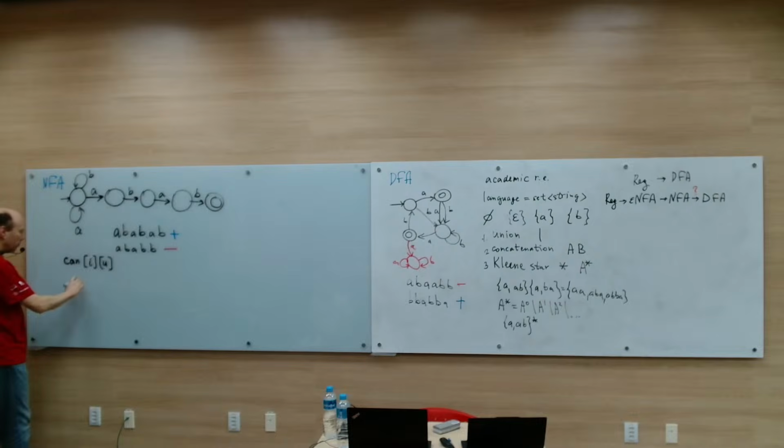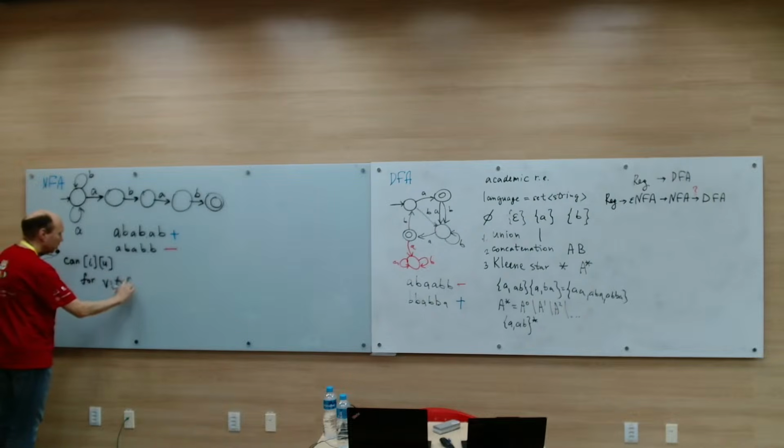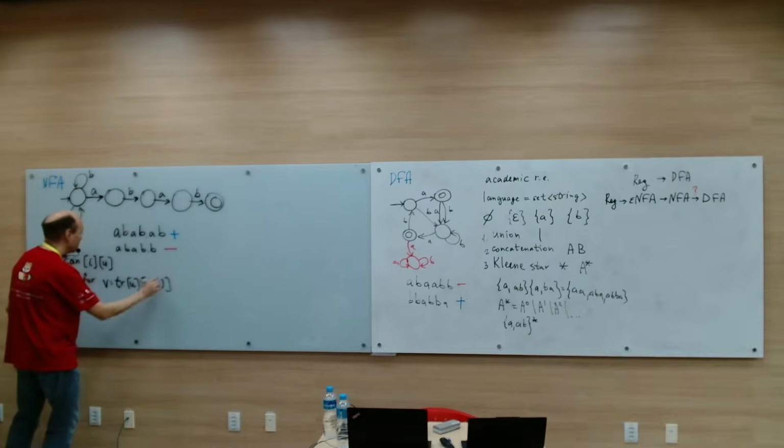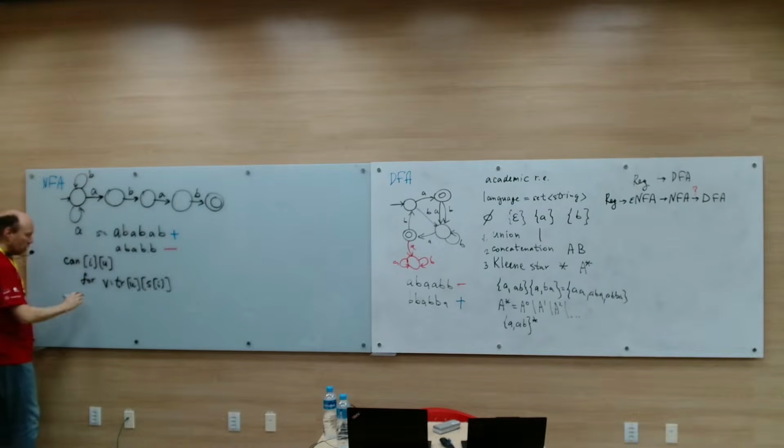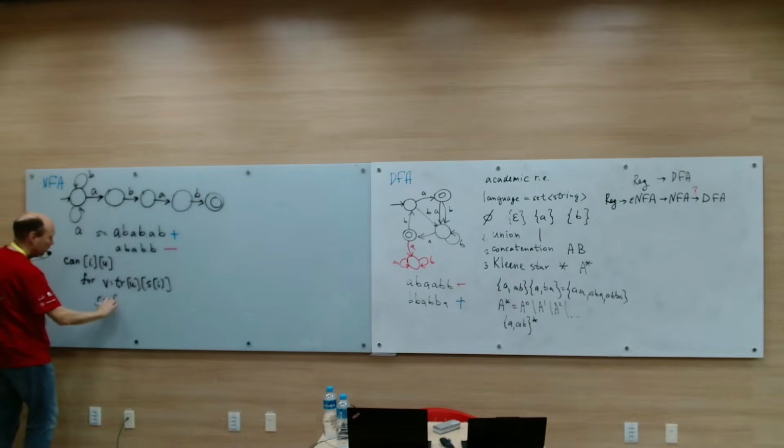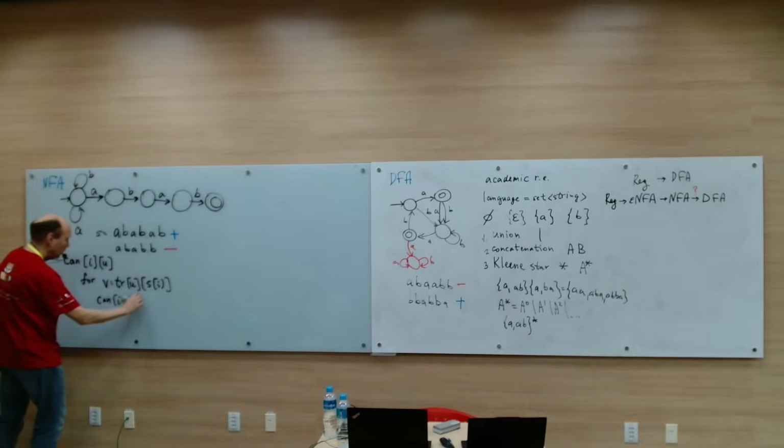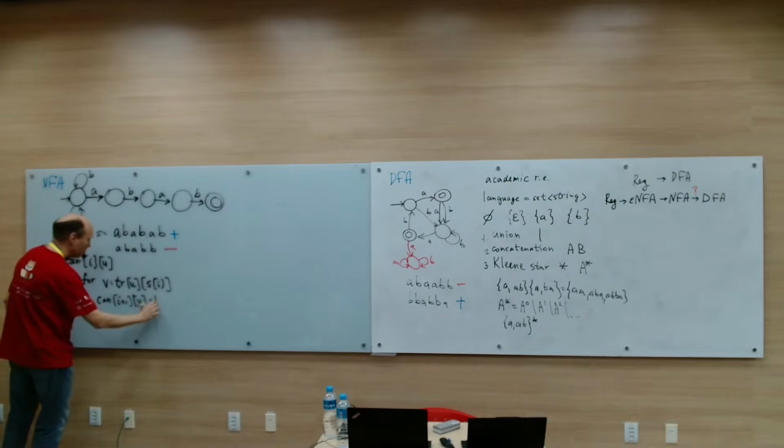And it's easy to update. For v in transitions from u by the character s_i, d[i+1][v] is yes.